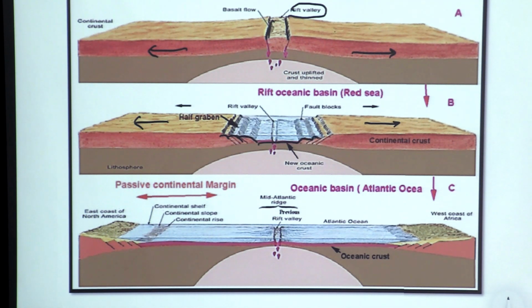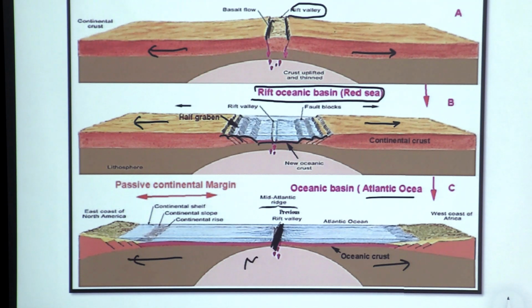So this rift valley has got enlarged, and there is the development of an oceanic basin as Red Sea. I talked about Red Sea earlier. And if this continues to diverge further, it will generate a full-fledged ocean, and that ocean is what we have, the Atlantic Ocean today, that has got a rifting in between now.